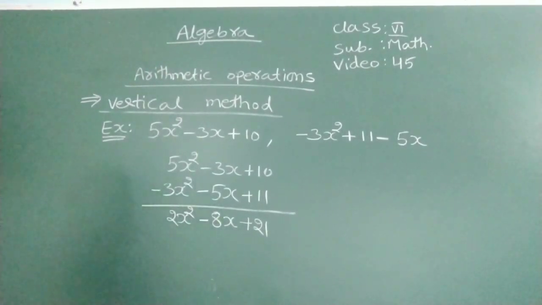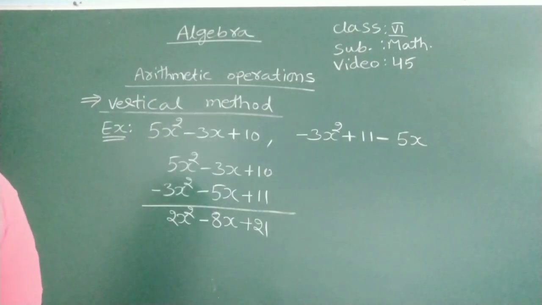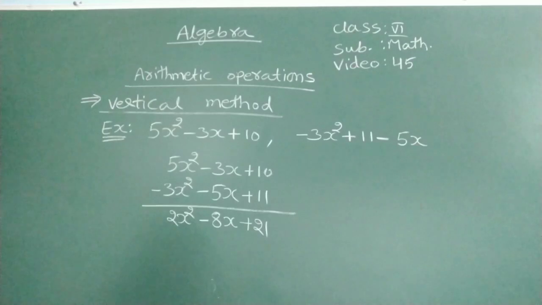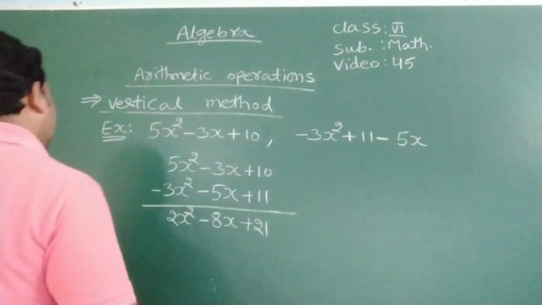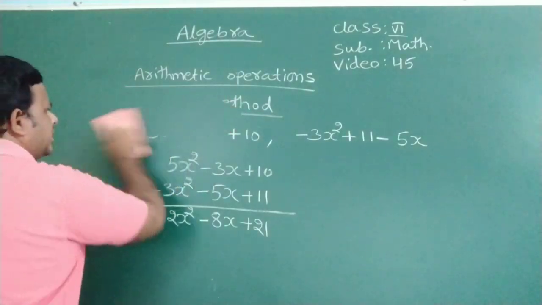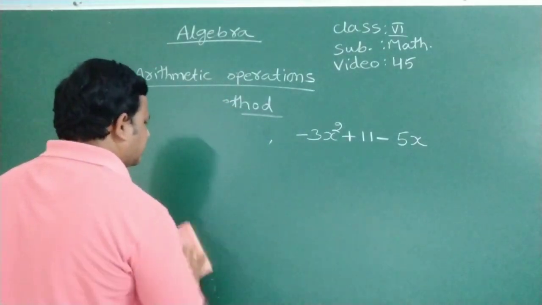Okay. So now let us go to the subtraction of algebraic expressions. First we will see the rule, the subtraction of like terms, and after that we will see the methods. The same horizontal method and vertical method will come in subtraction also.